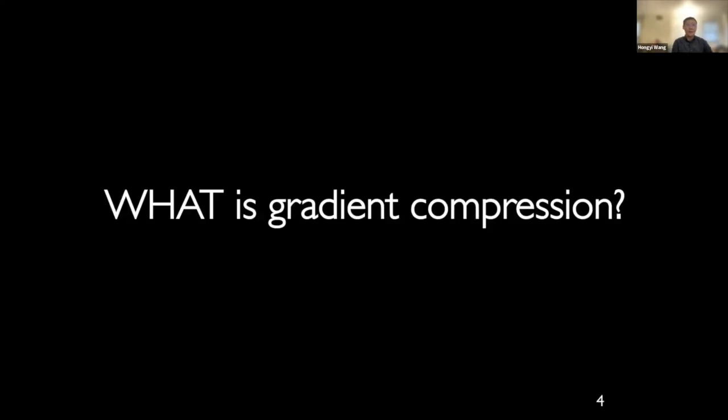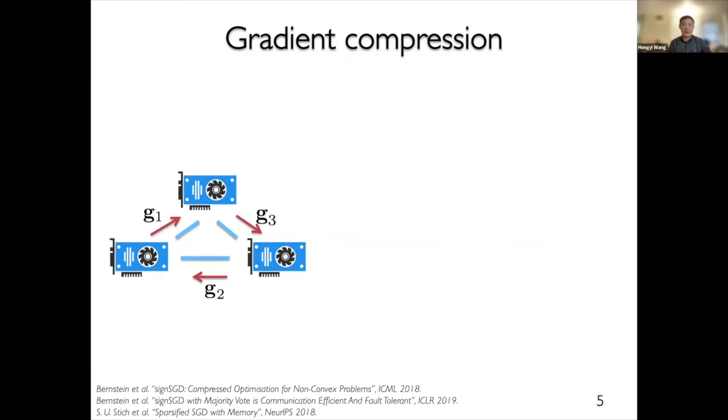So what is gradient compression? This talk will focus on data parallel distributed training. In data parallel distributed training, the messages communicated across distributed nodes are gradients. Each node partitions the input data batch, computes a gradient, and synchronizes that across the entire cluster.